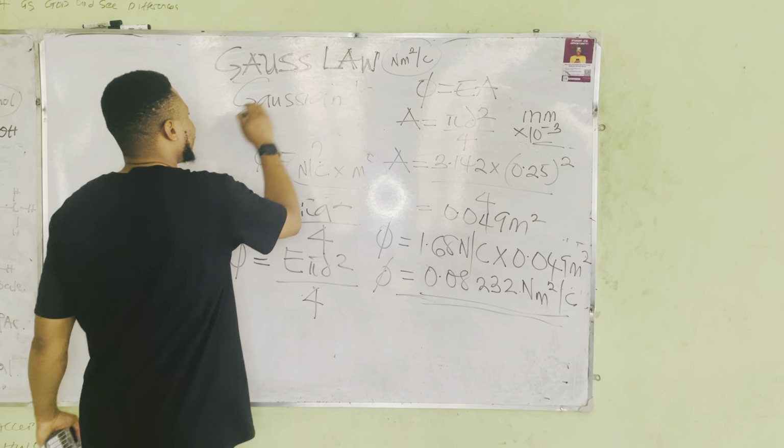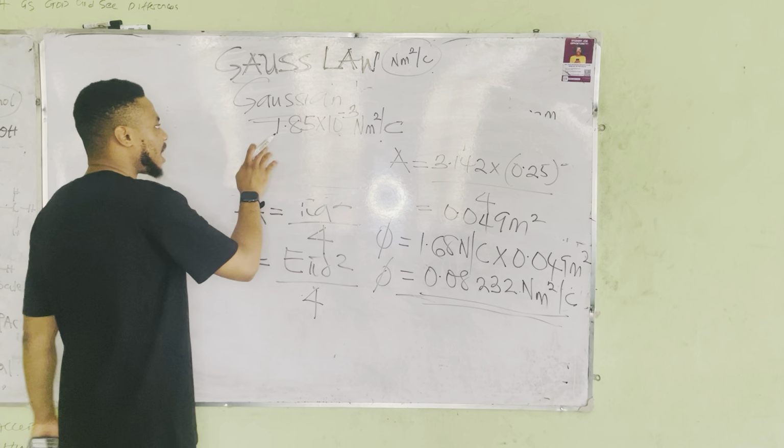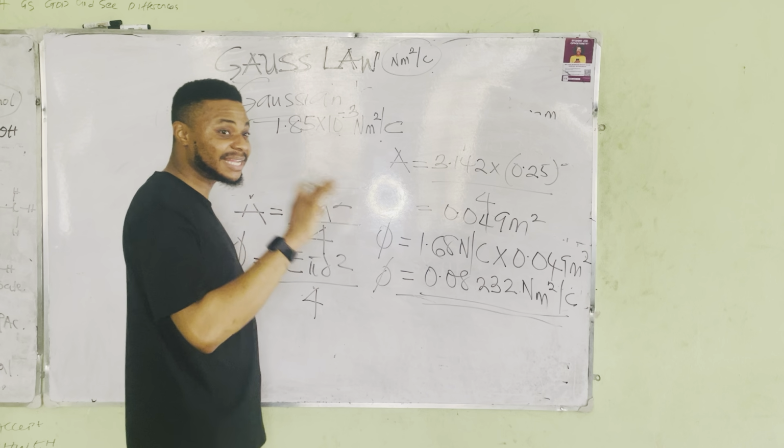Calculate the net charge of a Gaussian surface which has an electric flux of magnitude 1.85 times 10 raised to power minus 3 newton meter squared per coulomb. All right, we are told to calculate the net charge.